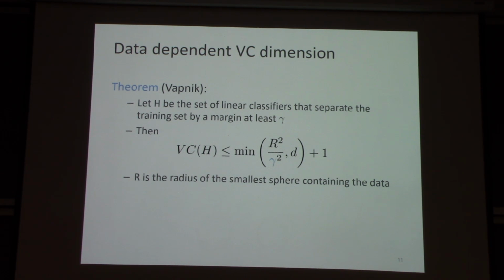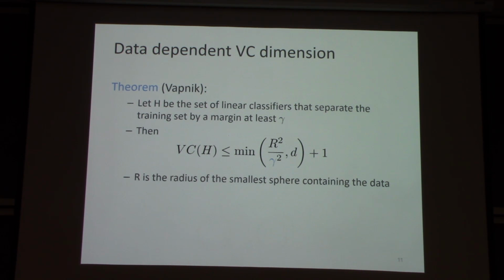Now let's assume that d is very large, just to make life easier. So the VC dimension of this is something like r squared over gamma squared. What that means is that if gamma becomes very large, the VC dimension becomes very small. If gamma is very small, the VC dimension is very large.